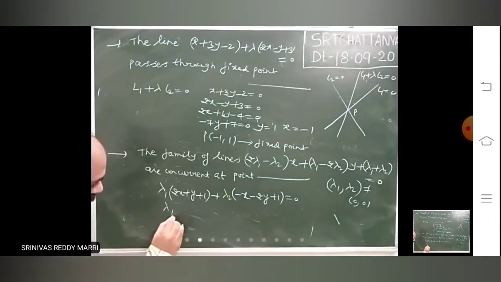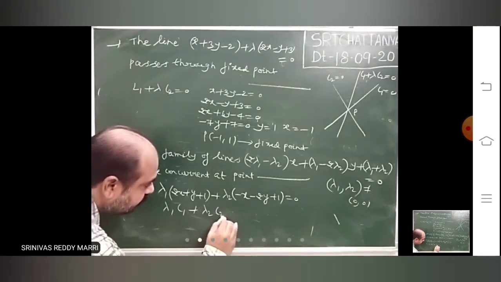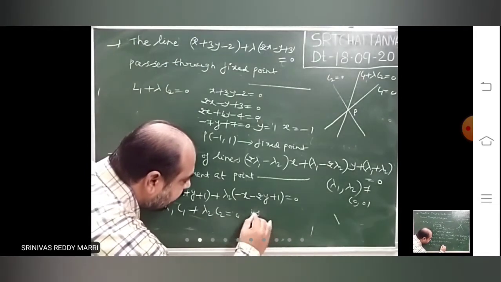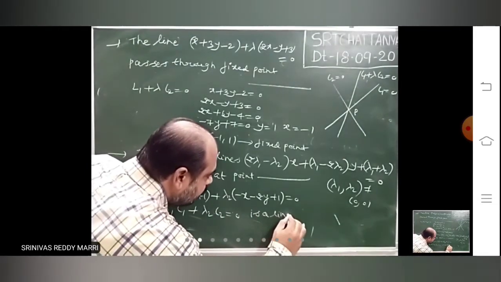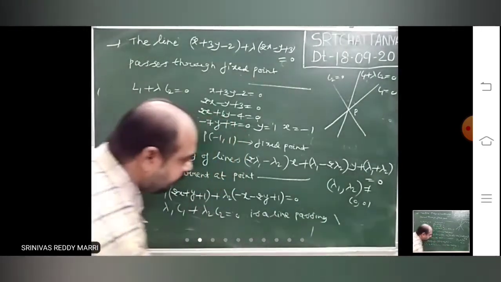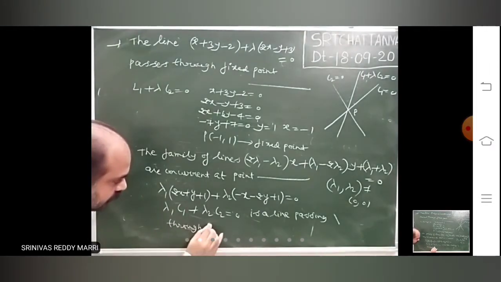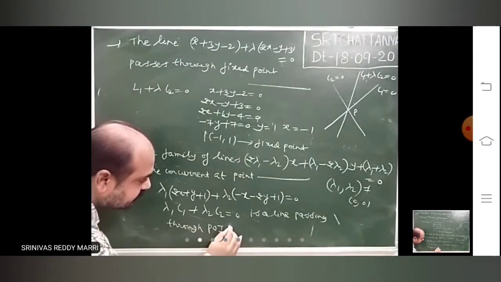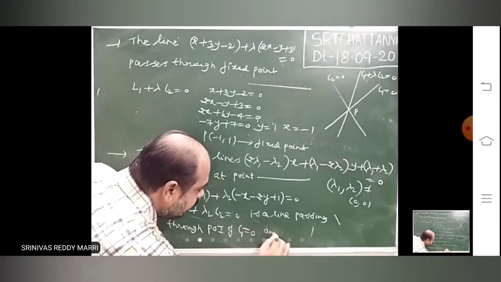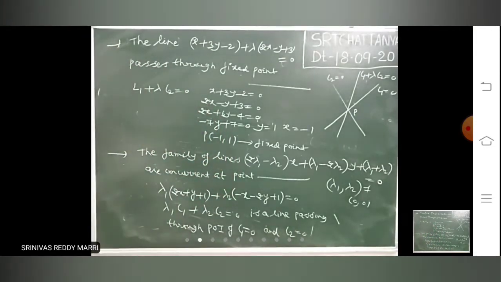So this is of the form lambda 1 L1 plus lambda 2 L2 equal to 0. So what is this? It represents a line that always passes through the point of intersection of L1 equal to 0 and L2 equal to 0.